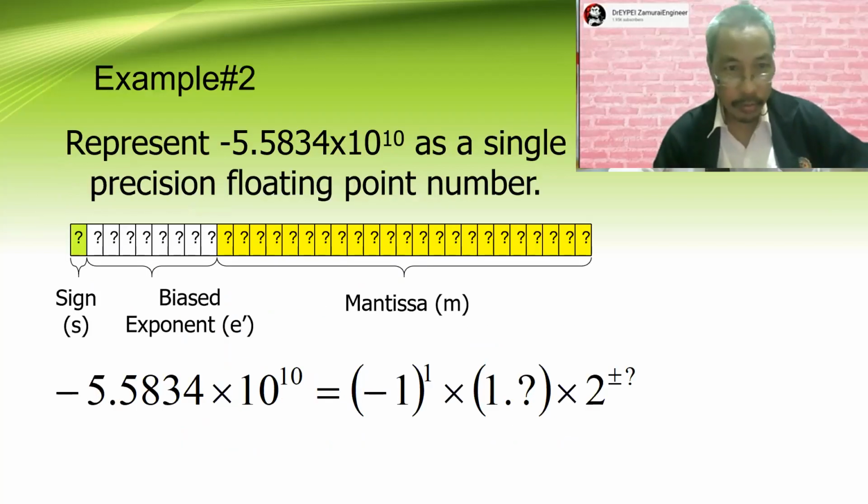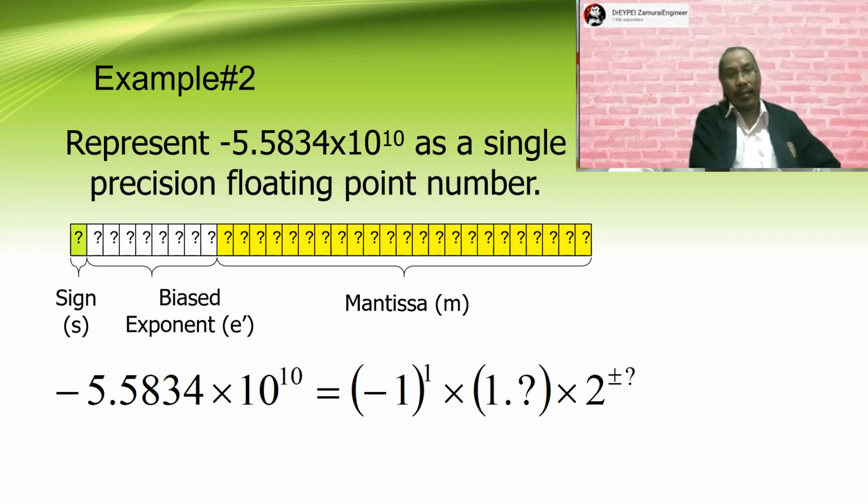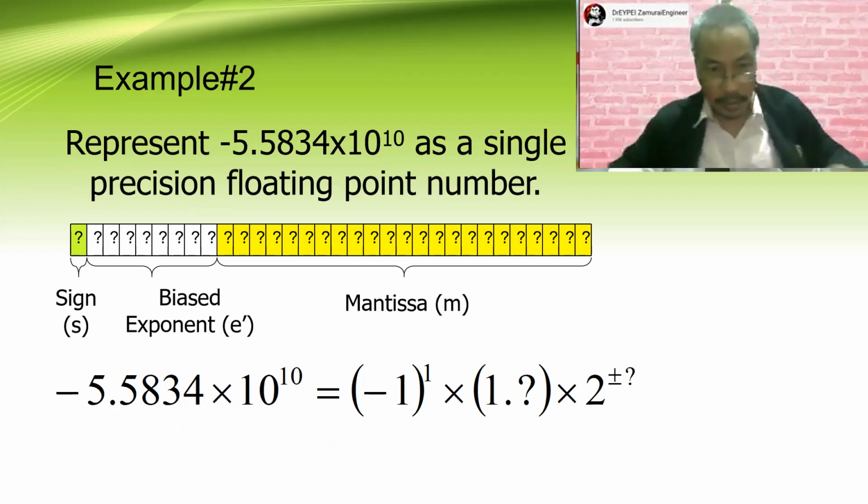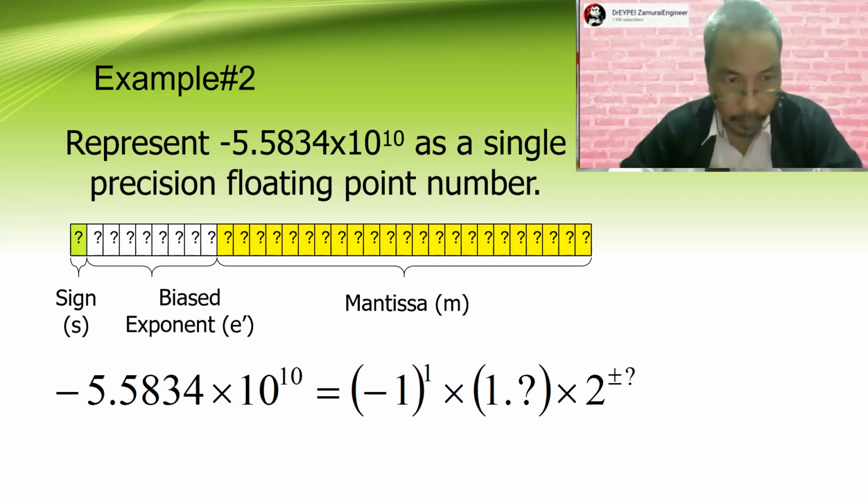Example number 2. Represent negative 5.5834 times 10 to the 10 as a single precision floating point number. So what is the format here? We will return back to binary. How to do it?